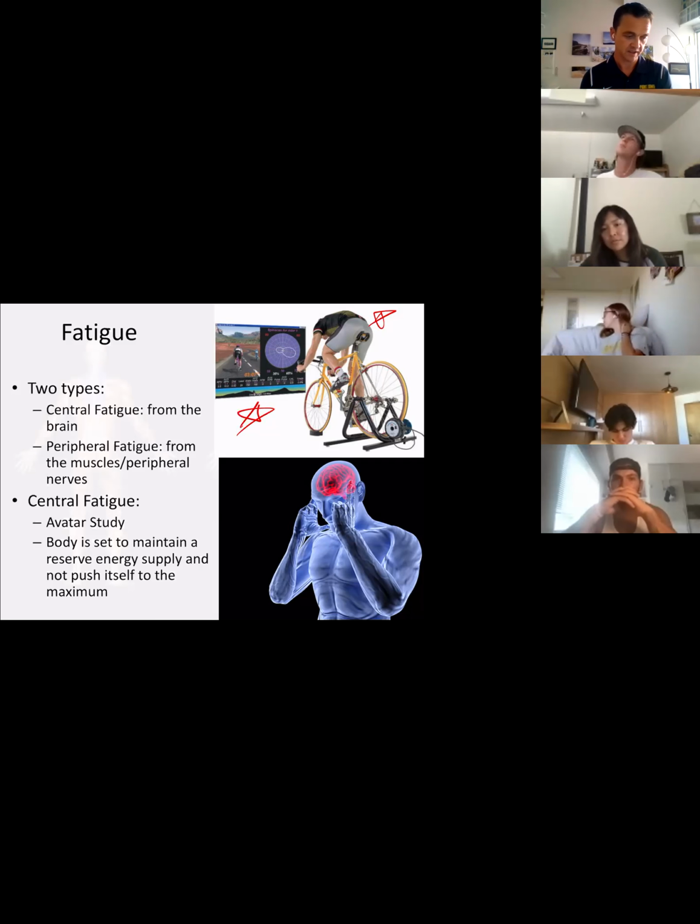Obviously the brain has a big role to play, but it's much harder to predict exactly, and much harder to measure how big of a role and how likely it is for the brain to intercede and stop you from exercising. So it's still a pretty unknown area of research. And that's why I said in the beginning, fatigue in general is a pretty unknown area.